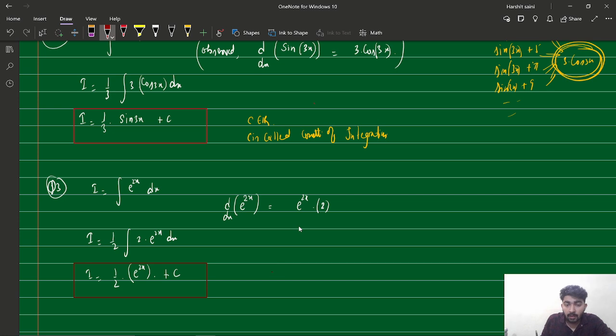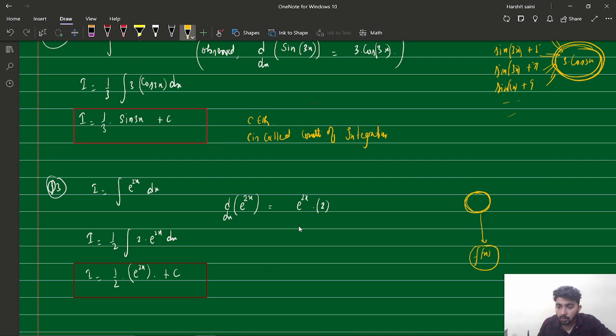What you need to observe in all these questions, what is common here: first of all you need to check what small f format is given, whether it is sine, cos, sec square or something else. And when you identify this small f format, you need to write the function whose derivative gives small f.